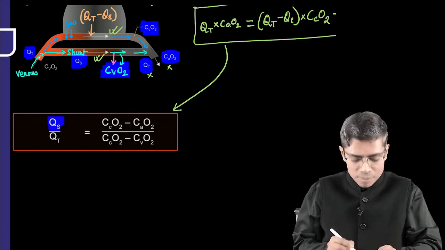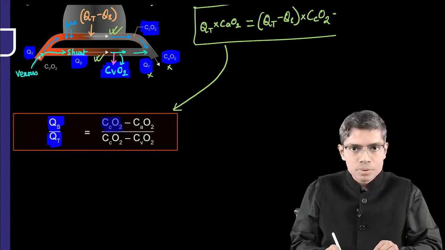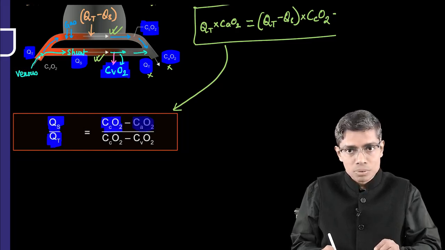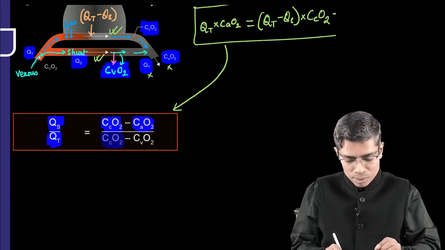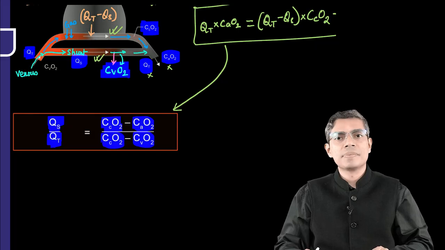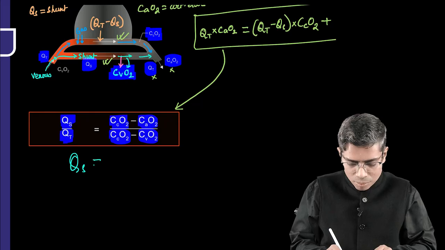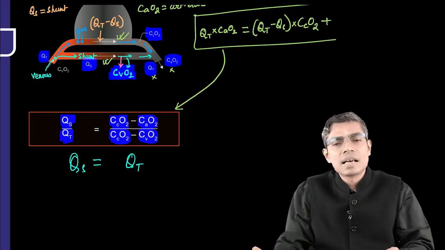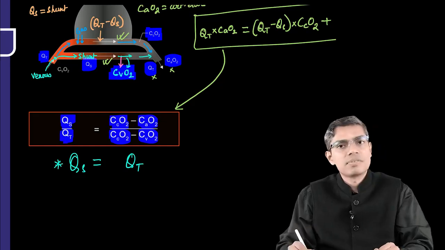QS is the shunted blood, QT is the total blood, equals CcO2, that is the pulmonary capillary concentration, minus CaO2, the arterial blood oxygen concentration, upon CcO2, again pulmonary capillary concentration, minus CvO2. This is the formula by which I can calculate what percentage of this QT is delivered as shunt. So I can easily calculate this shunt fraction.